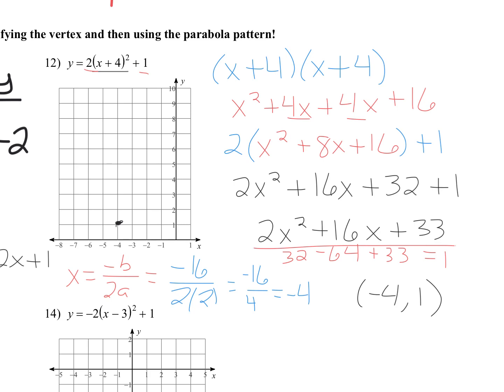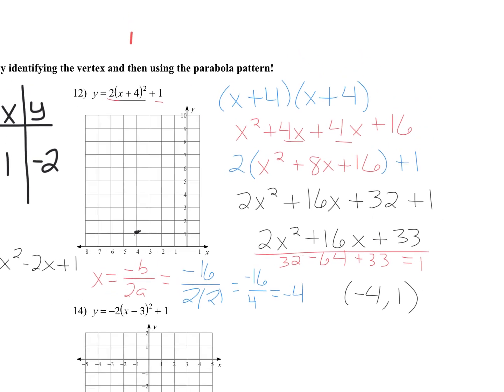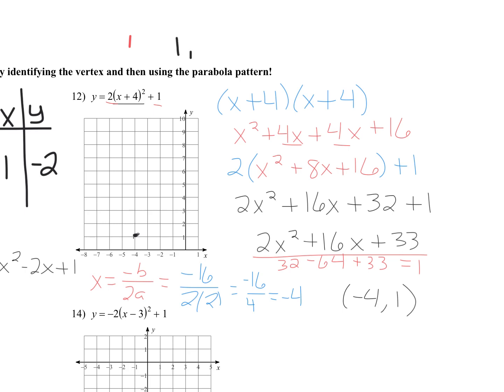From here, what do we do next? Step pattern. What is our original step pattern? 1, 3, 5, 7. Can we keep that step? No, because why? That leading coefficient is 2, so what do we have to do to each step? Multiply by 2, so our new step is what? 2, 6, 10, and 14.